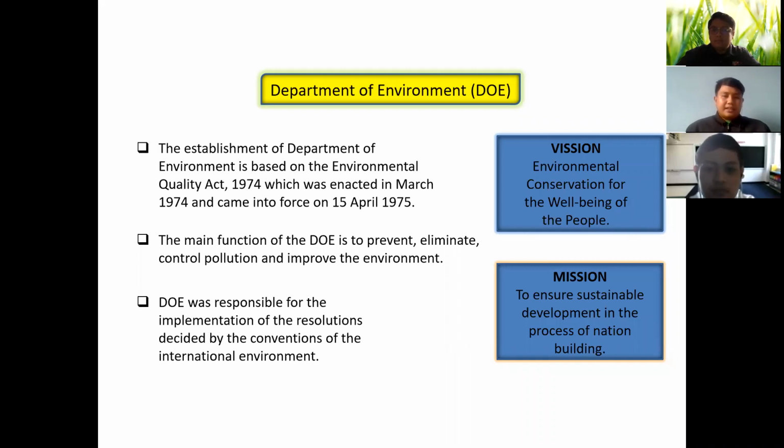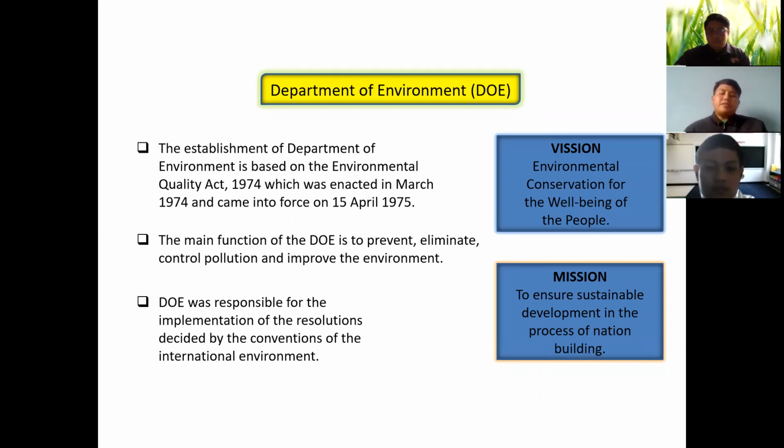The establishment of the Department of Environment is based on the Environmental Quality Act 1974, which was enacted in March 1974 and came into force on 15 April 1975. The main function of the Department of Environment is to prevent, eliminate, control pollution, and improve the environment.